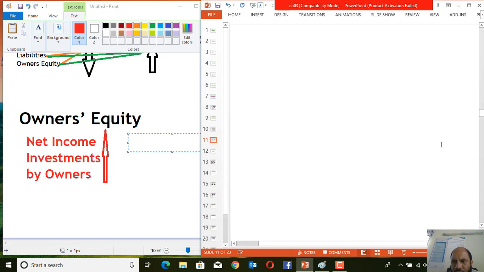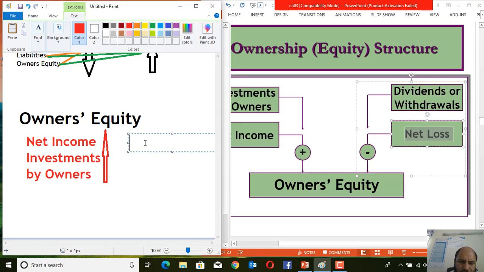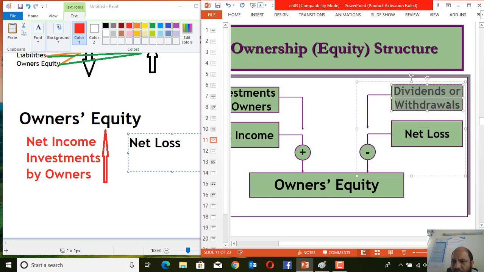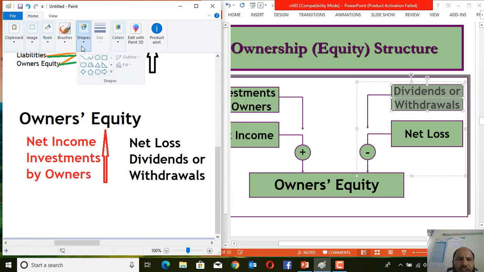Net loss, if the business is making a net loss, or if the owner withdraws their capital, so these two will impact the owner equity negatively. This means that the net loss and the withdrawals by owners will impact the owner equity negatively.